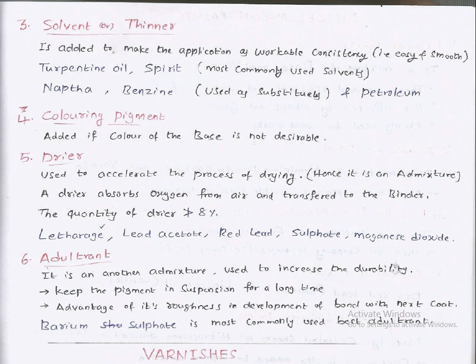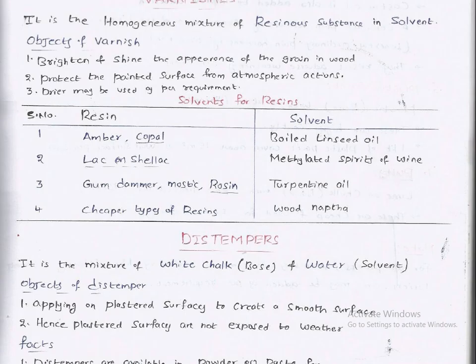Solvents for resins: resin, amber, copal, solvent, boiled linseed oil; lac or shellac, methylated spirits of wine; gum, dammar, mastic, rosin, turpentine oil; cheaper type of resins, wood naphtha.